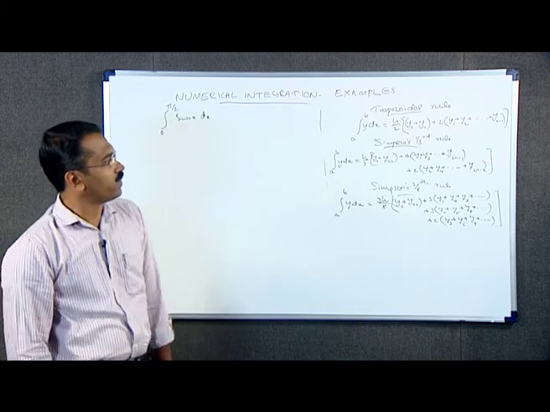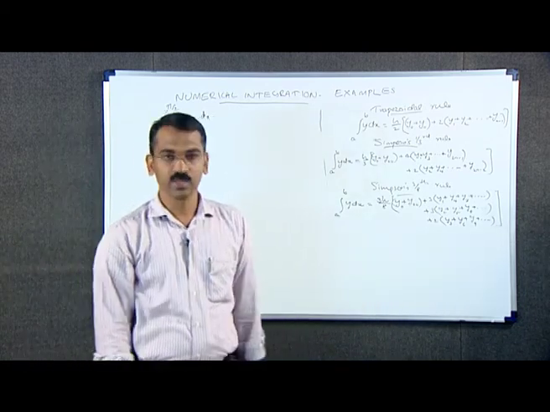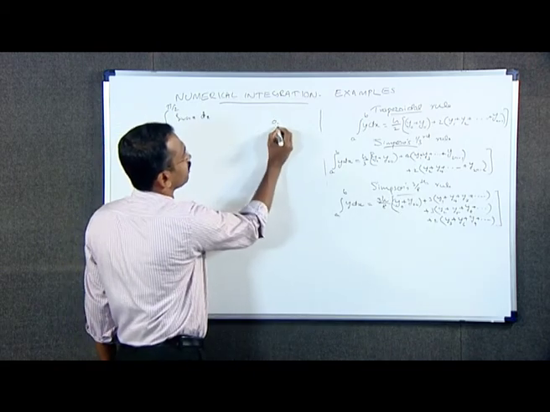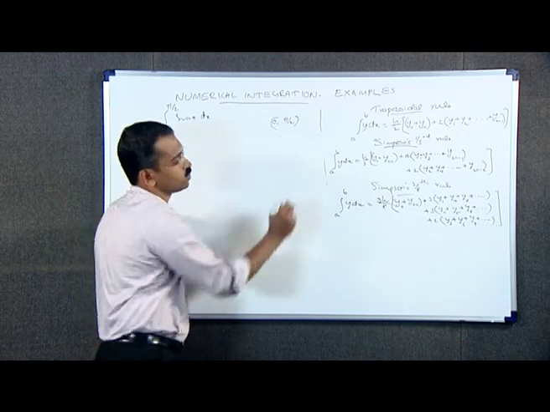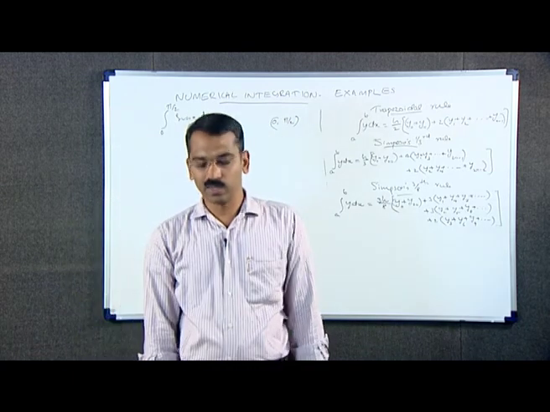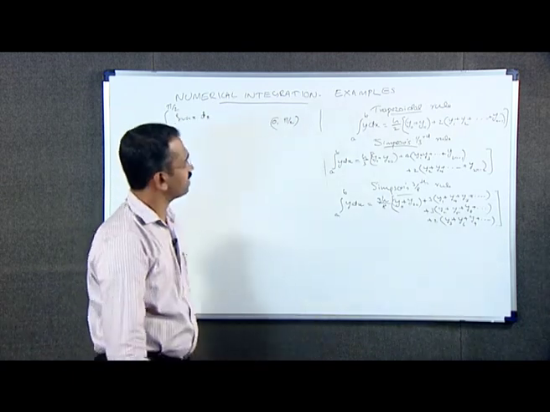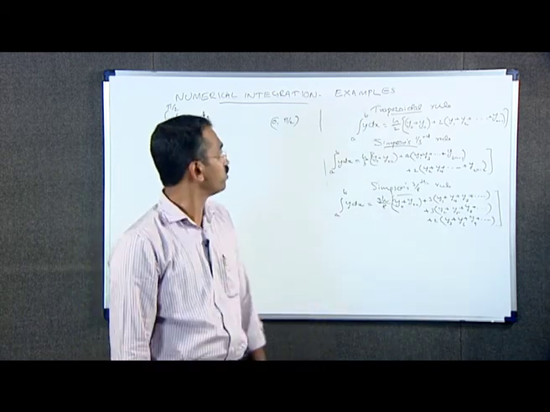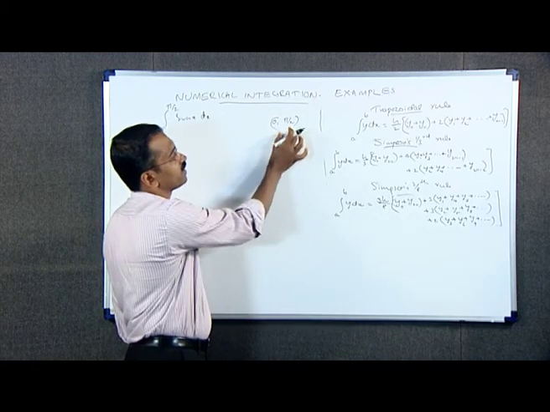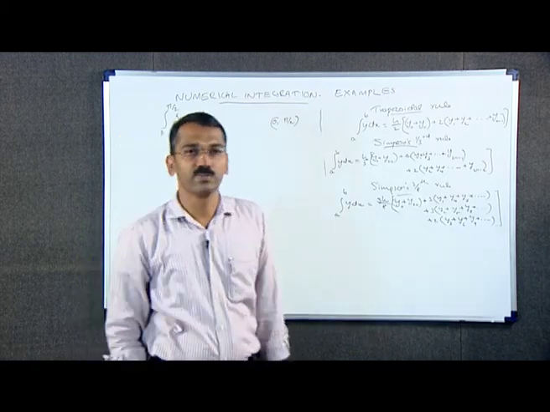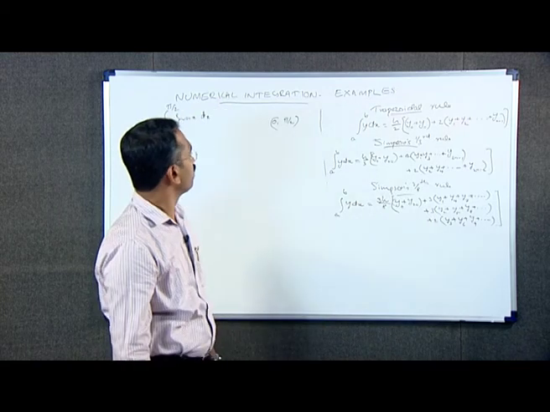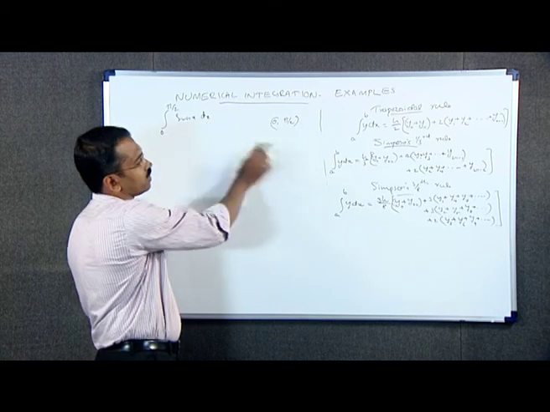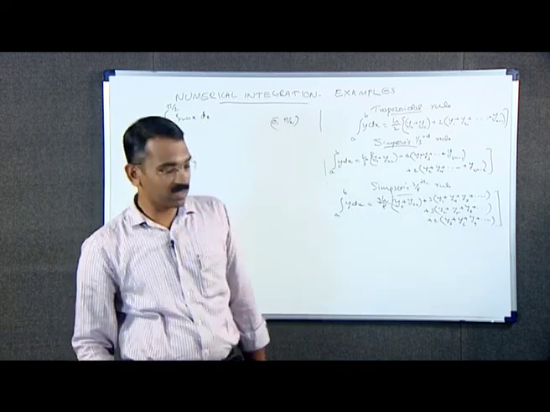Note that to apply Simpson's 3/8 rule, the interval of integration, 0 to pi by 2, must be divided into a multiple of 3 number of sub intervals of equal width, in order to use this rule.